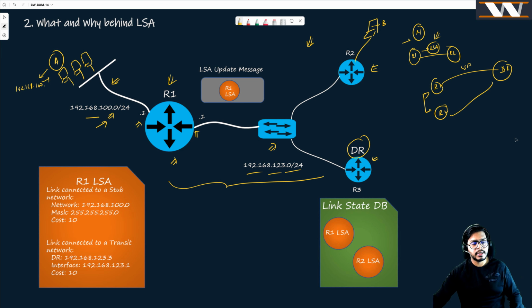Let's consider this is the 10th host, host A. Similarly, here also we have x.x.x.x. If a packet is going out from this network, it is going to have the source IP address from this network itself, which is 192.168.100.10.